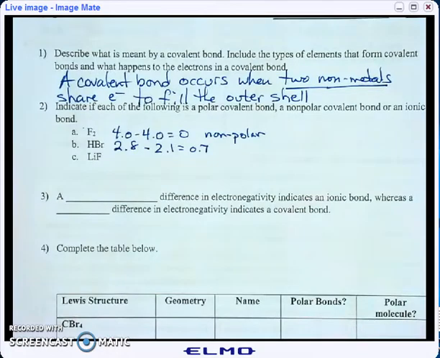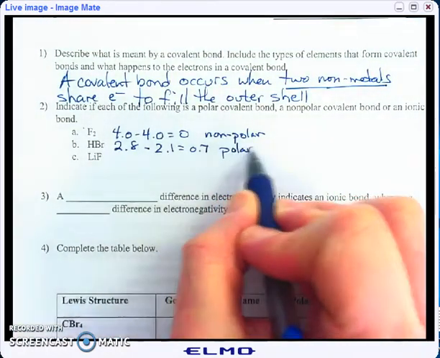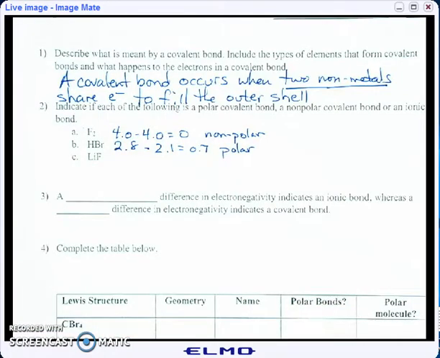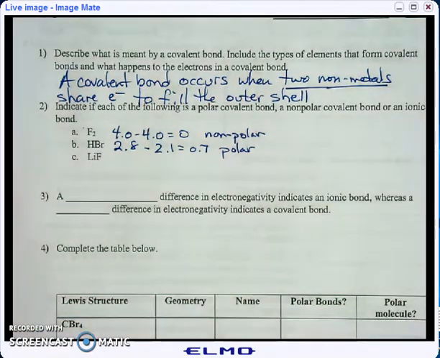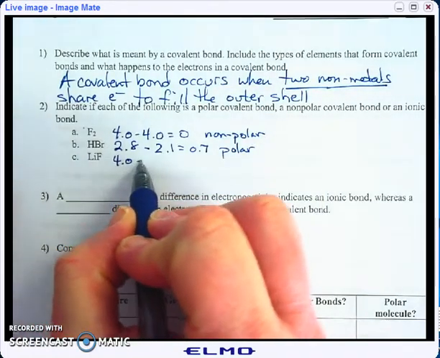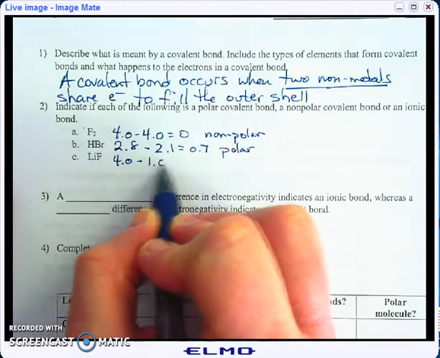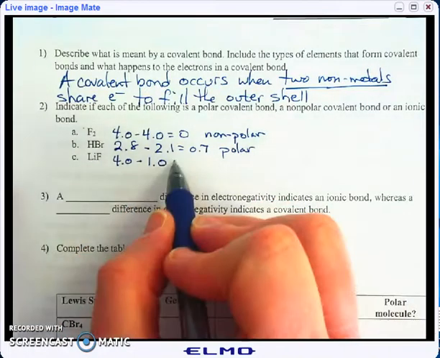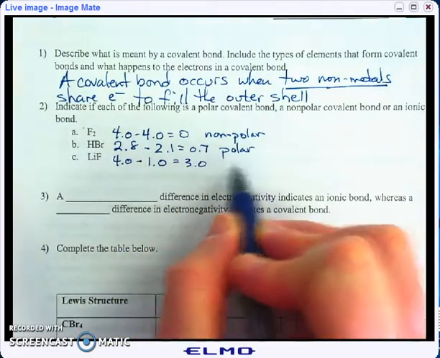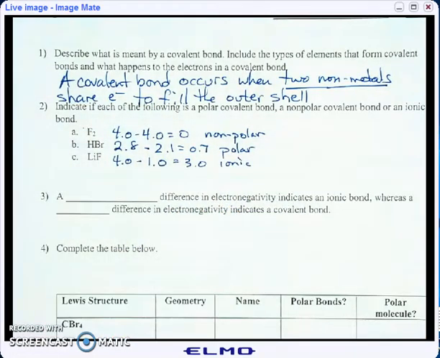What is that, Leighton? No, it's a polar. Anything above a 0.4 to a 1.7 would be polar. Continue. Next. Okay, 4.0 minus 1.0 is 3.0, which is an ionic bond. So we were just looking for the differences between them.